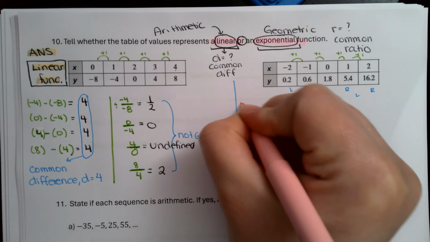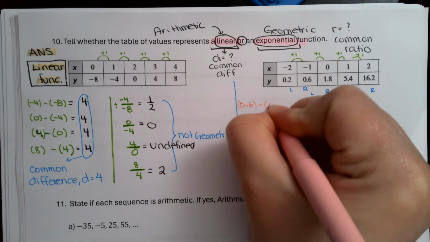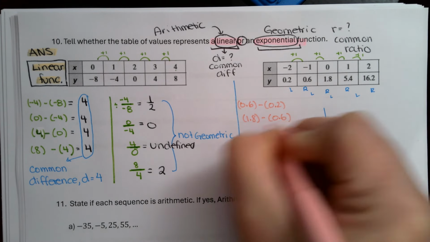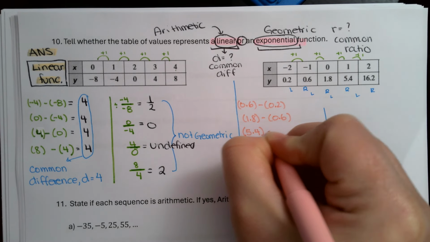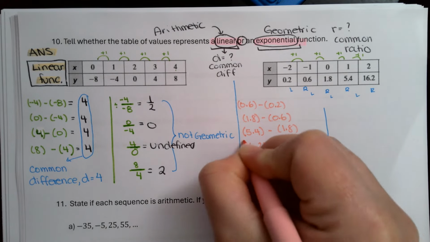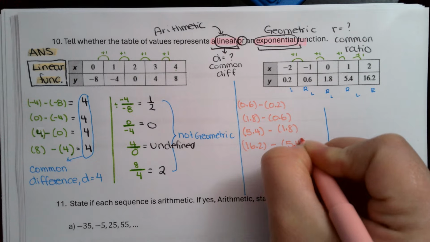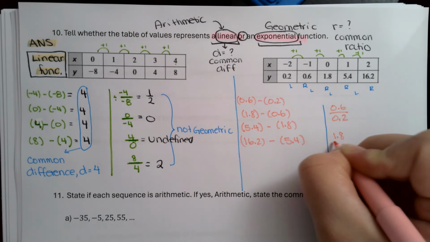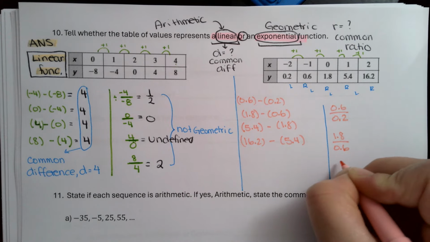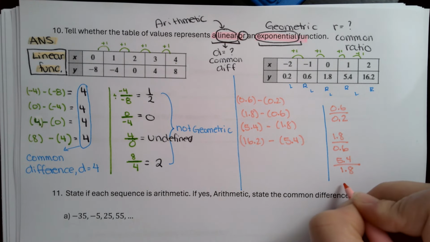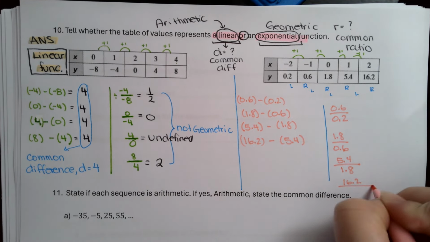And we're doing 0.6 minus 0.2, 1.8 minus 0.6, 5.4 minus 1.8, and 16.2 minus 5.4. Right divided by left, right divided by left, right divided by left, and running out of space here, right divided by left.